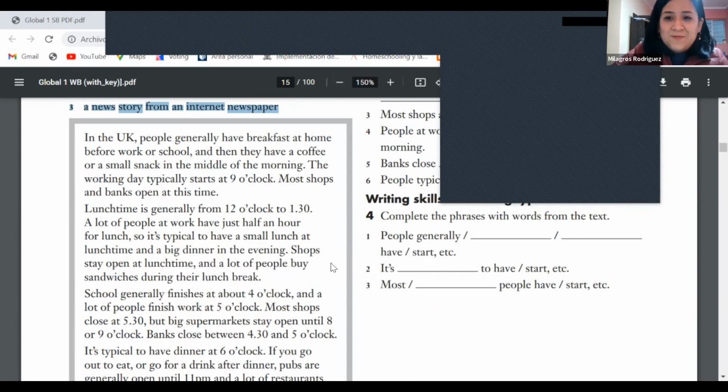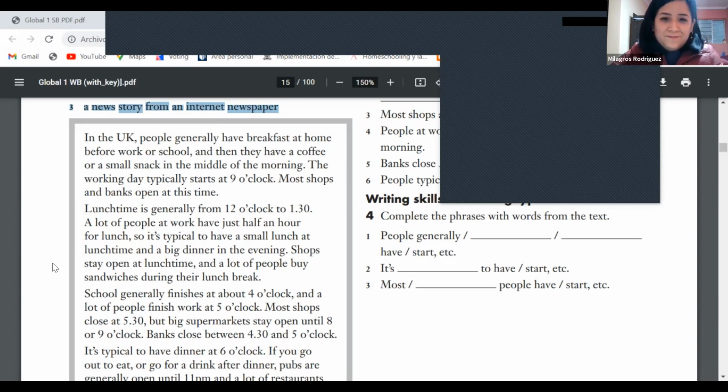Do you think that Peruvians have a similar life to British people or not? Class, do you think that we have a different or a similar life or both? Or what things in our lives are different, or what things in our life are similar to the life in the UK?